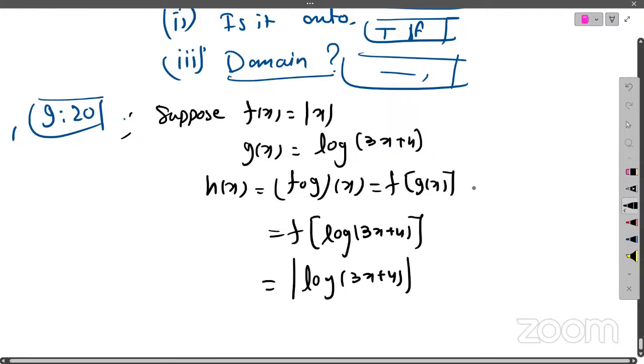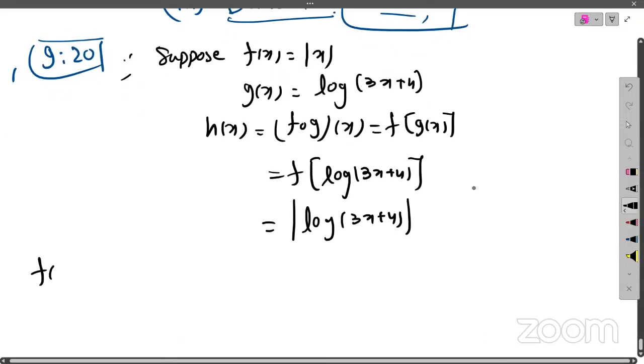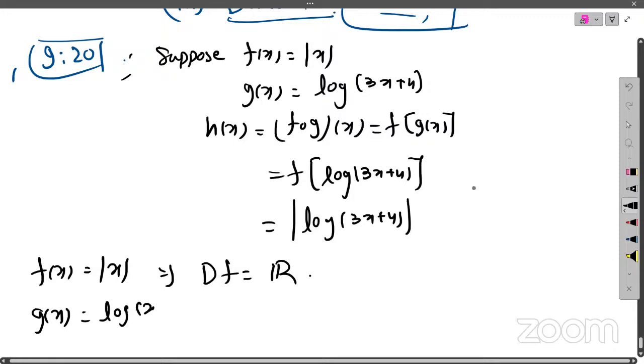So it is a composite function, and we know how to deal with the domain of a composite function. Here f of x is equal to modulus of x, which is well defined for all real numbers, so the domain of f is all real numbers. Now g of x is log of 3x plus 4.